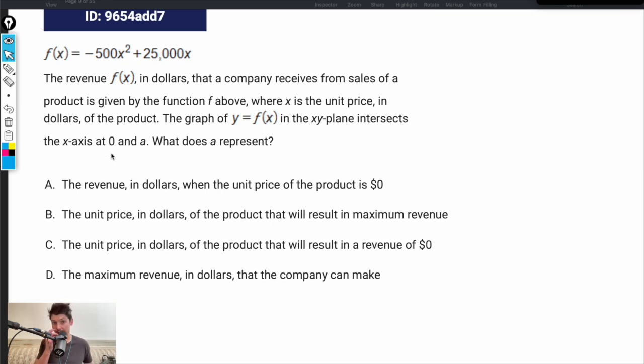What does a represent? Okay, so there's all sorts of work you could do here that's totally unnecessary, because all we care about is the intersection at the x-axis. And the one thing that I would highly recommend doing here, as in most cases, is just remind yourself what that means. That means we're talking about spots on the x-axis.